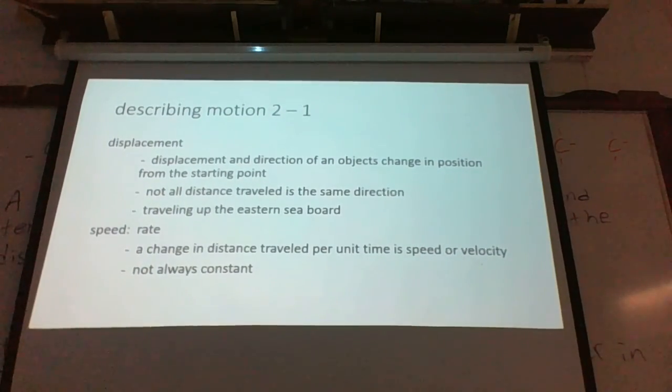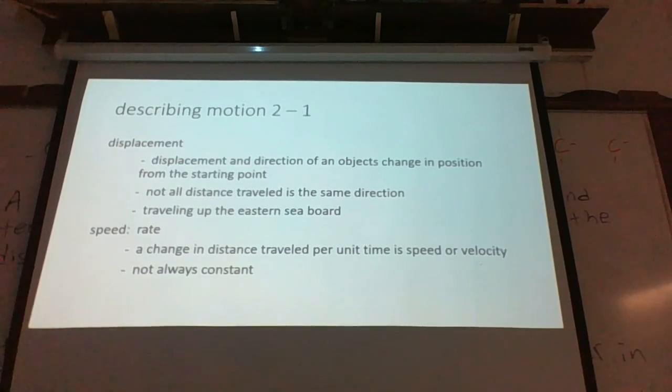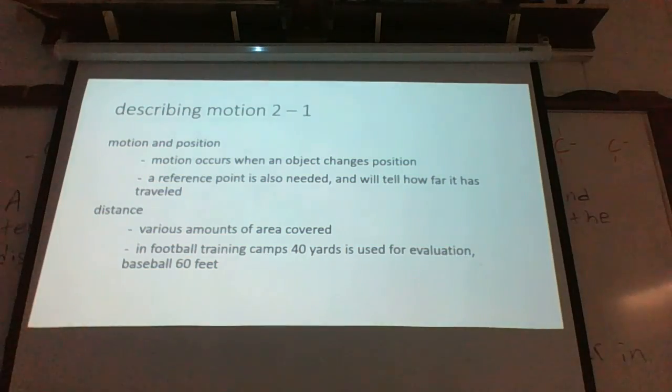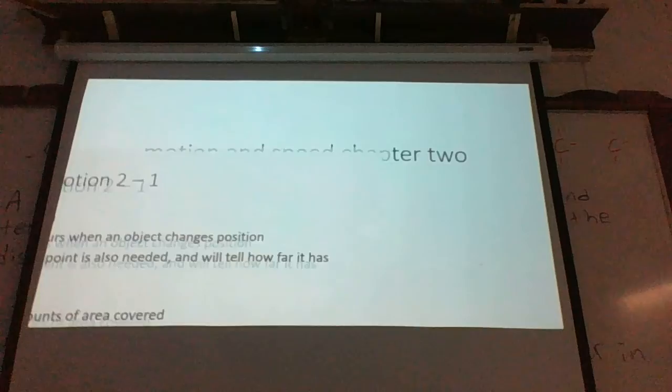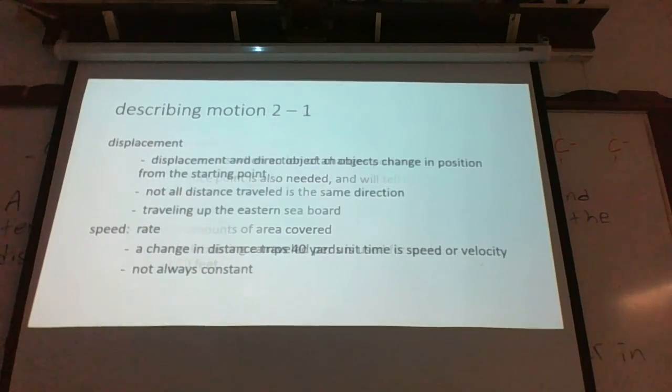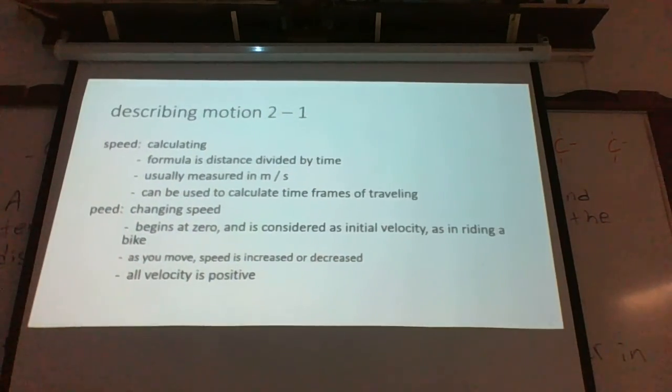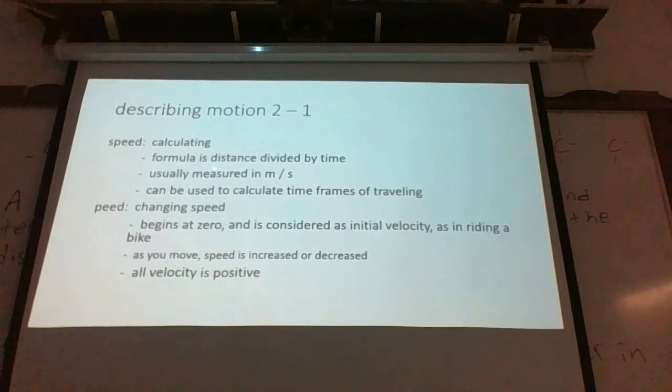This is where we left off with a rate. You need to get through your mind, if you see a number labeled in meters per second, you need to know, what is that label? What variable? Something is labeled in meters per second. That is what? Speed or velocity.